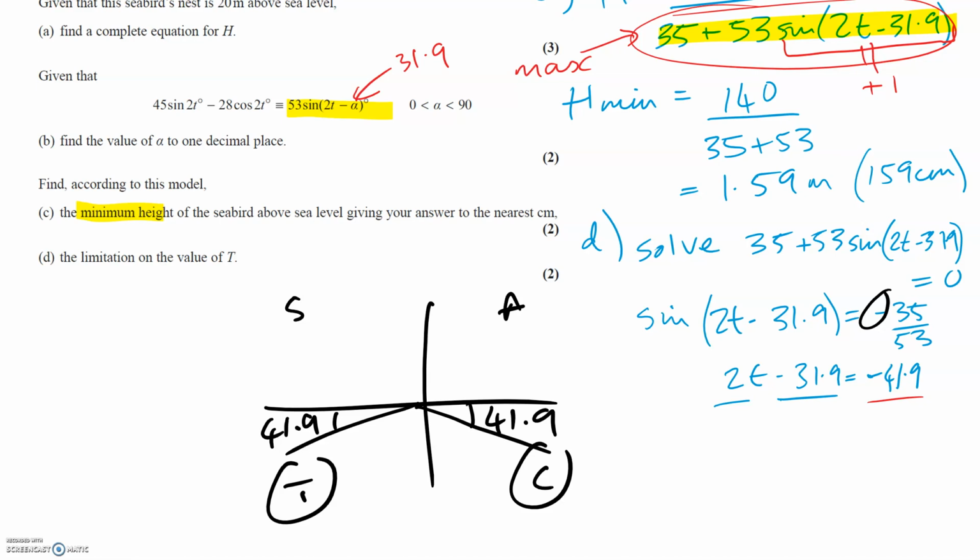The first positive value will be that angle there, which is 180 plus 41.9. So the value we want really is, I got 221.3. That's, like I said, 180 plus this is 221.3.